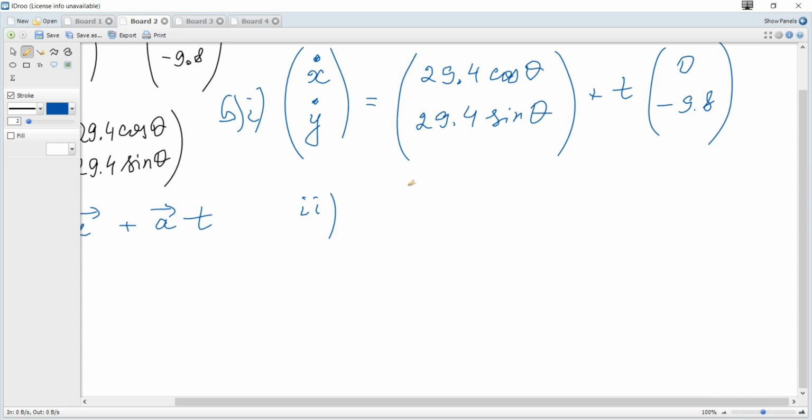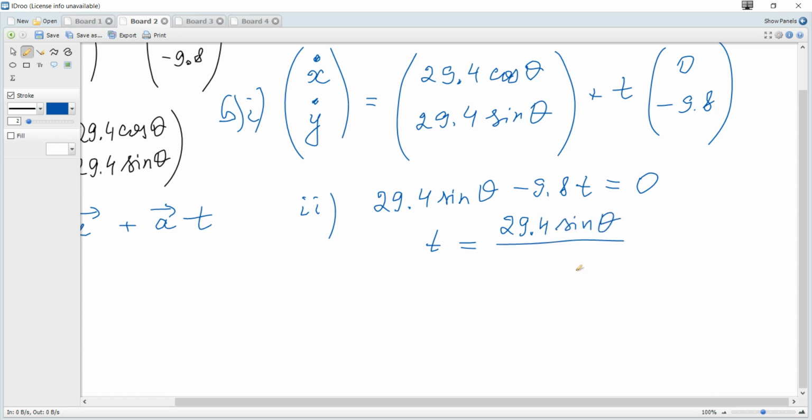So equating the vertical component of the velocity to 0, we can find the time required to reach the highest point. Here there is only a vertical component, but it doesn't matter. It may be two-dimensional, but to find the time required to reach the highest point, the vertical component of velocity should be equal to 0.